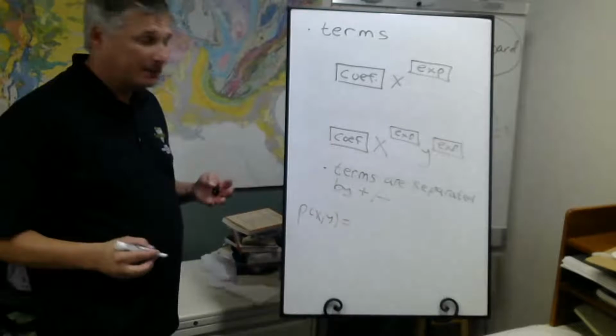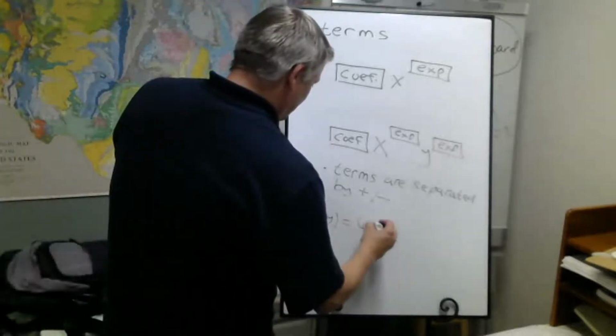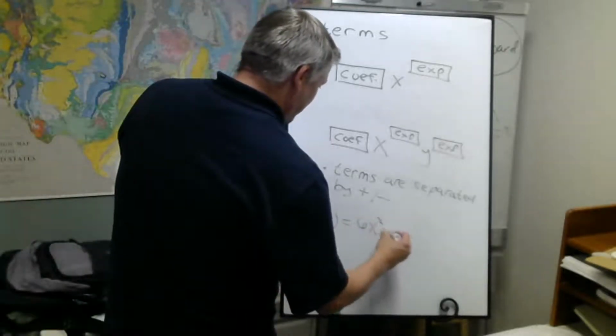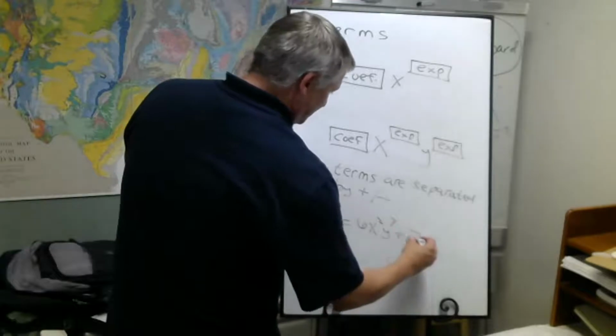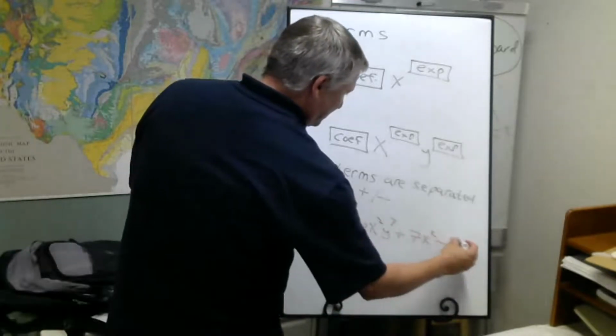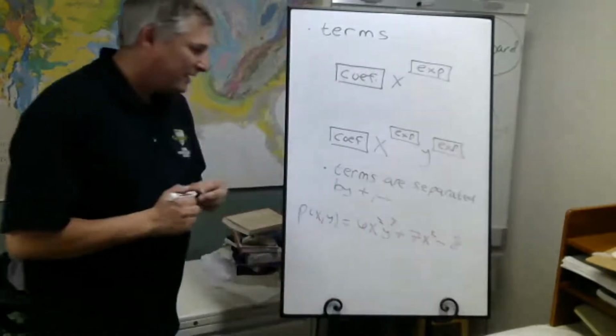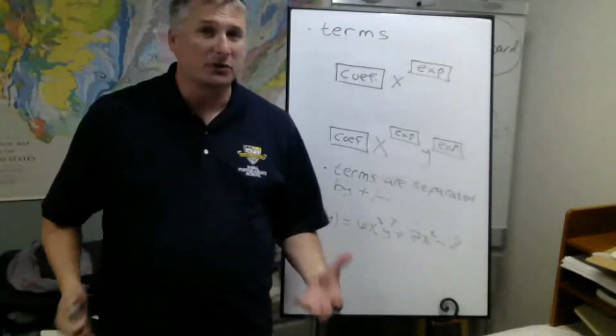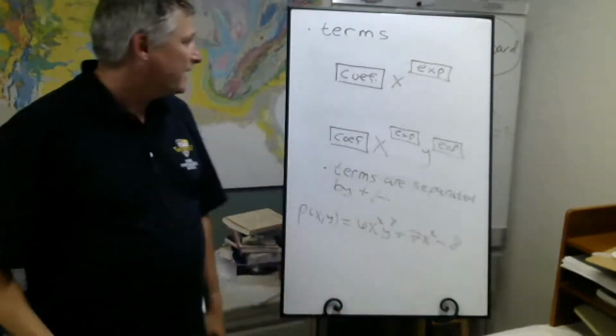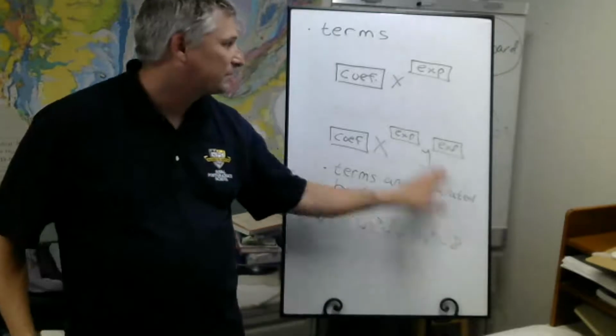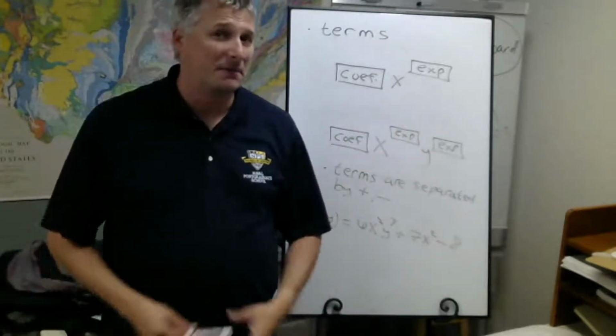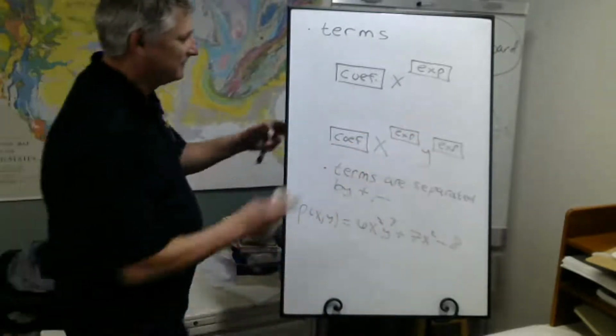Let's say we have two variables. So you have 6x squared y cubed plus 7x squared minus 8. Each of these is a term in the polynomial. And again, you could have a constant term. It doesn't always have a variable attached to it.